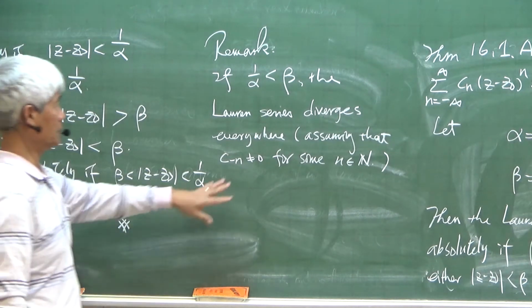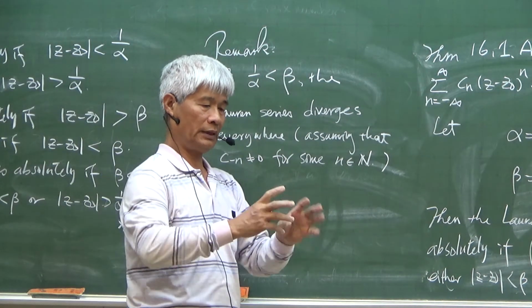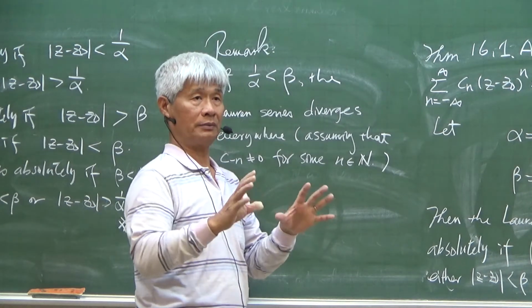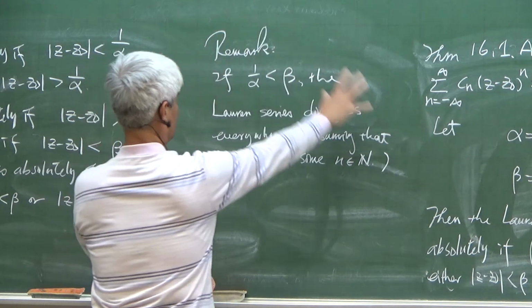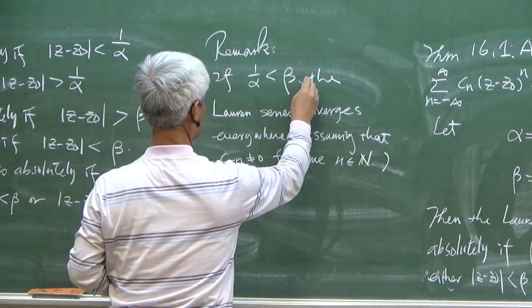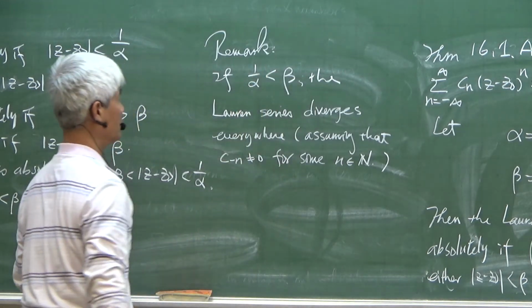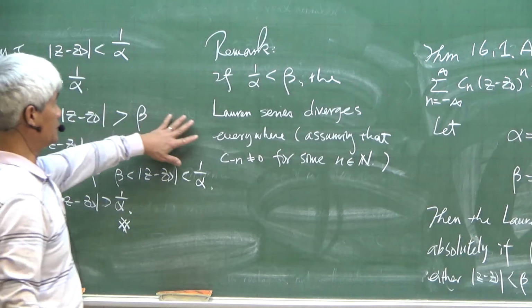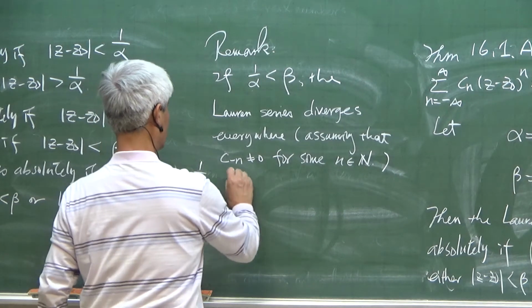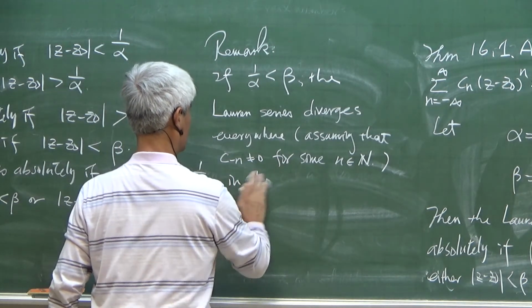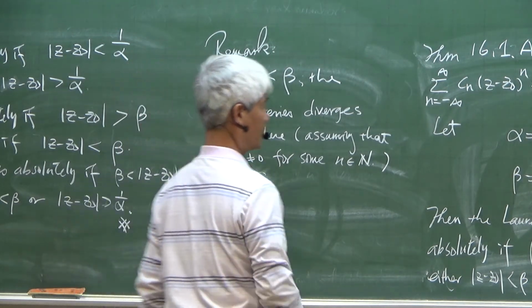In this case, because when you put zero there, then z0 to the minus 1, minus 2 is undefined. So you have to know that. So if 1 over alpha is less than beta, then the Laurent series diverges everywhere in the complex plane C.